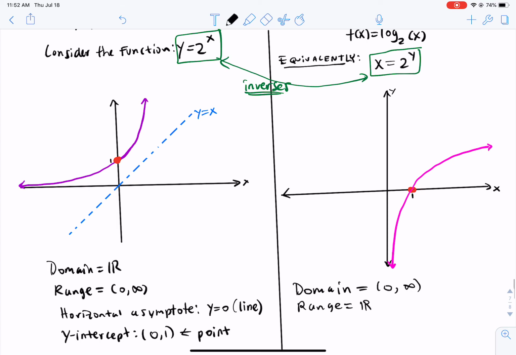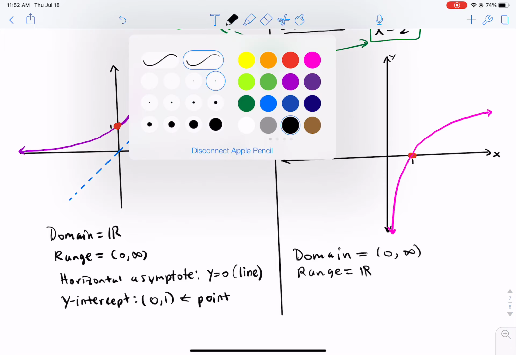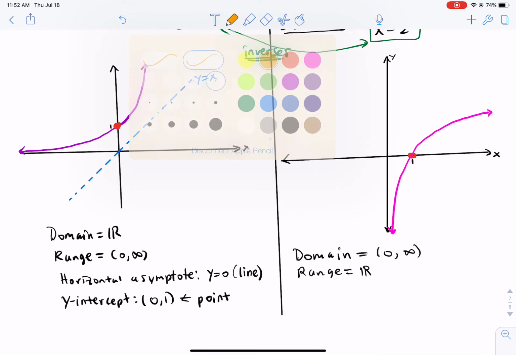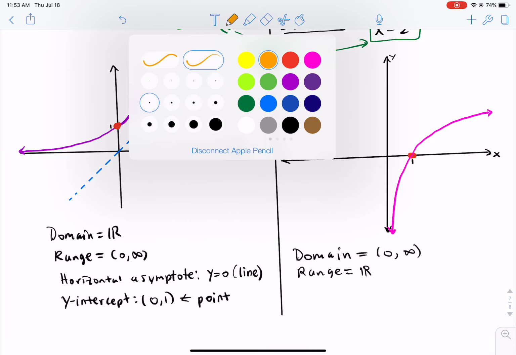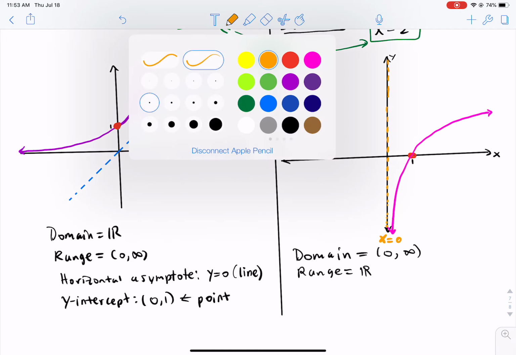So guess what happens to the horizontal asymptote then? The vertical. Yeah, and it will be the line x equals to? 0. Yeah, x equal to 0. So let me just put this here. These right here will be the line x equal to 0, and this is a vertical asymptote now.